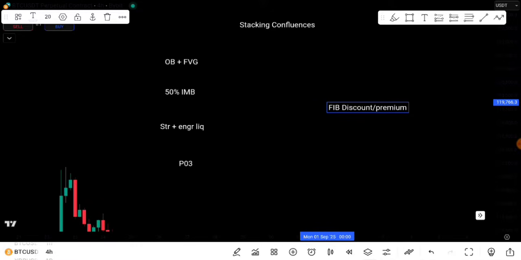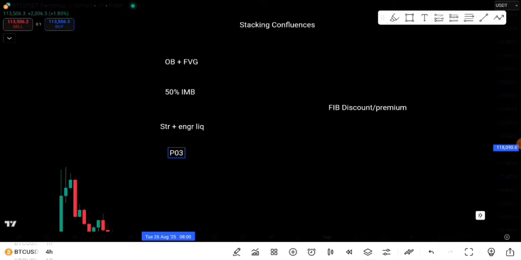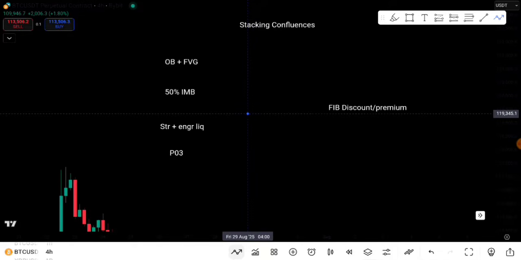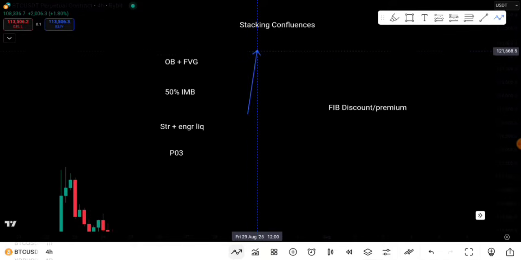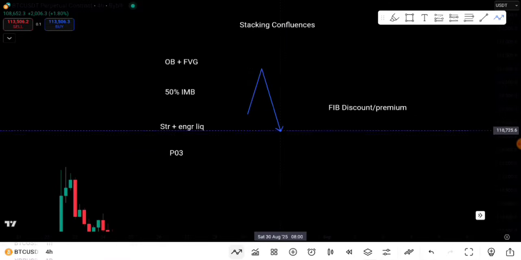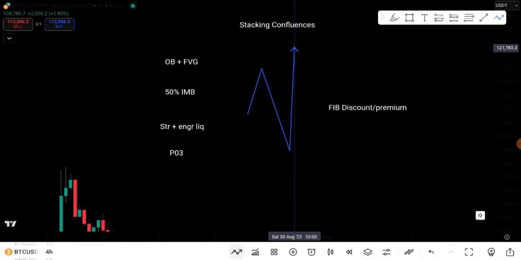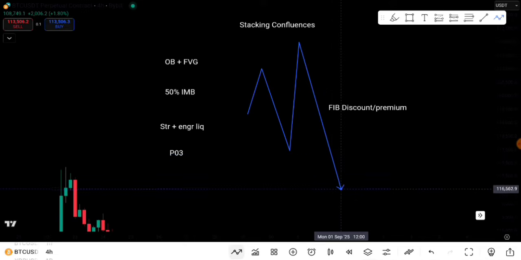Now, all these confluences can be used in order for you to identify a particular point of interest. I think there are more: OB, imbalance, swing high, and we also have liquidity sweep and run. When market makes a sweep, say you have a particular high here, then all of a sudden market, instead of continuous structure, just sweeps the high and breaks below.